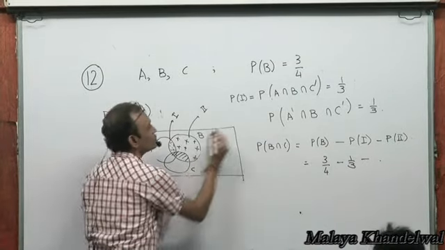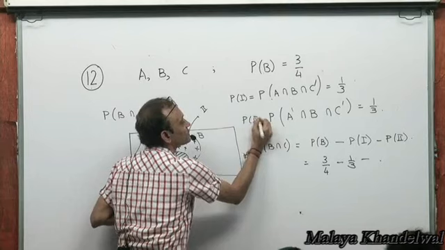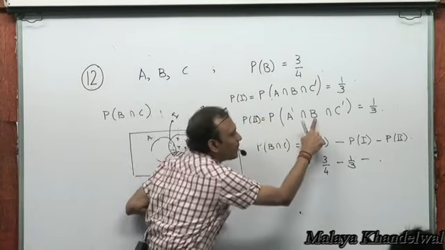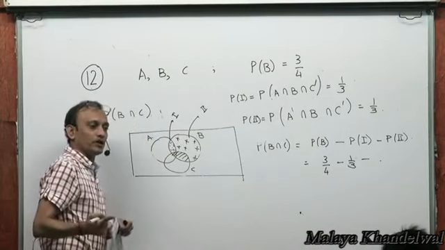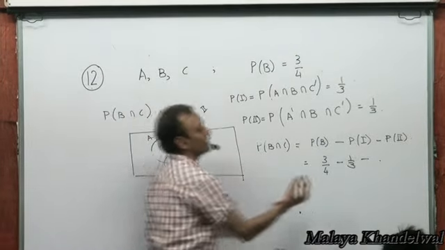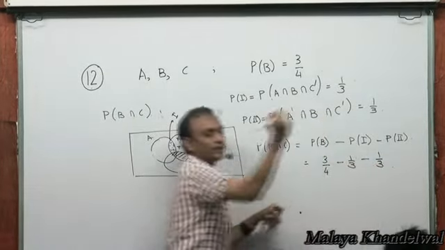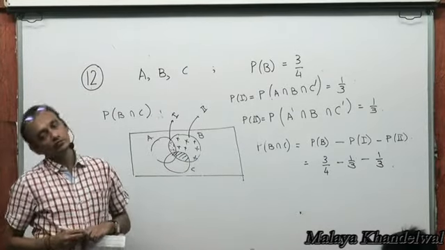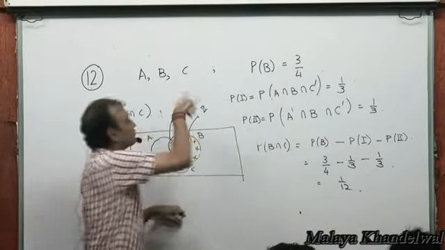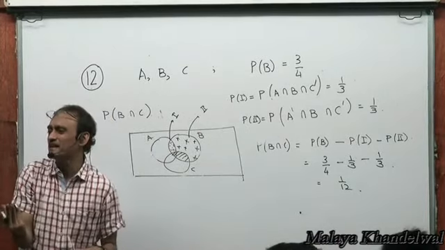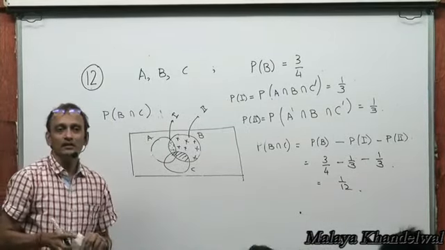So this is region 2, which is this, isn't it? That part of region B which does not have A and C. So minus 1/3. This is the required probability. 1 by 12? Just feel comfortable with these Venn diagrams. Very simple stuff, right? Clear?